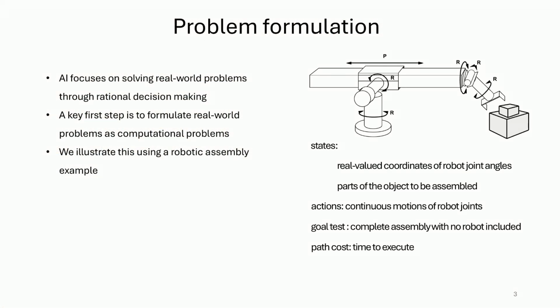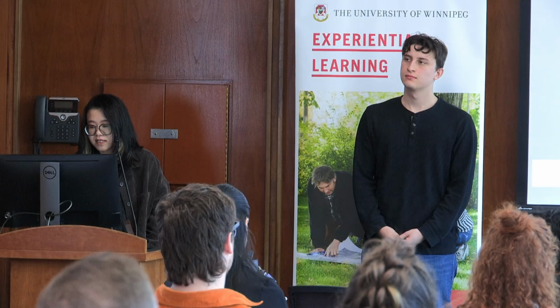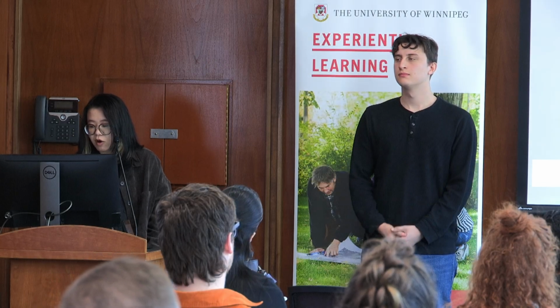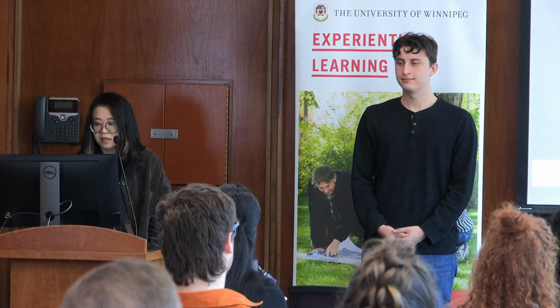We have a robot arm, which can be used in factory assembling tasks. Then we have different joints of the robotic arm, which can be put in a state to describe the problem. So we have the real values of the joint coordinates, and we have the objects, the parts.